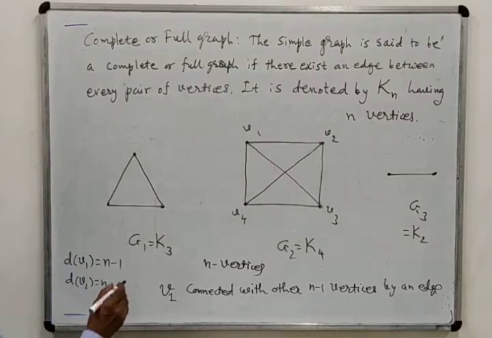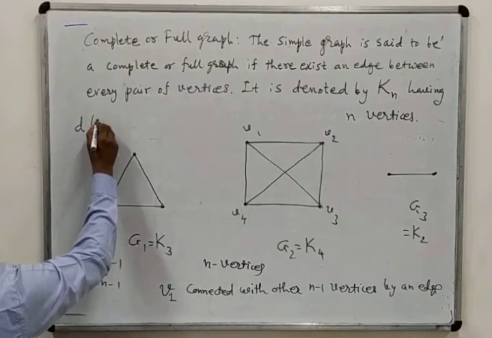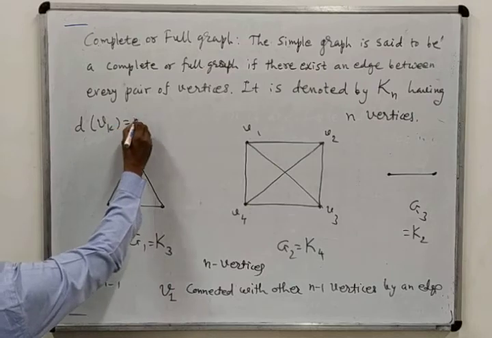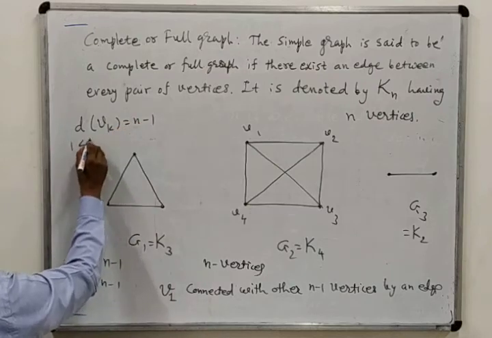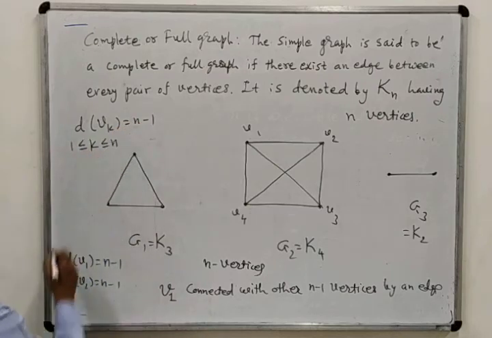So for all vertices, d(Vk) equals n minus 1 for 1 less than or equal to k less than or equal to n. This kind of short question can also be asked in the examination. That means in a complete graph G with n vertices, the degree of each vertex is the same, and it is n minus 1.